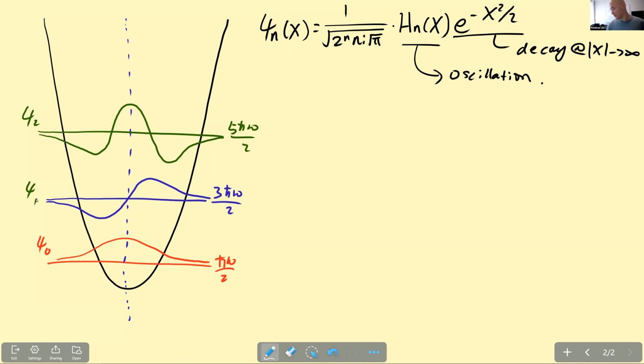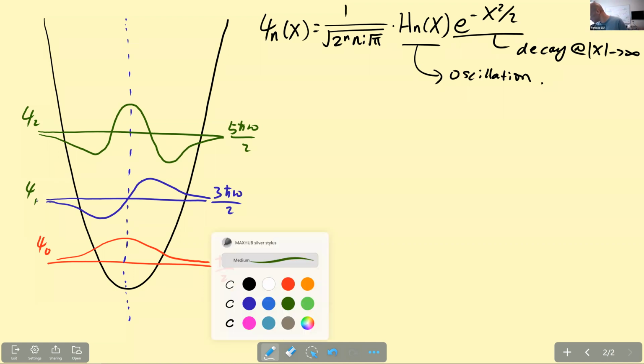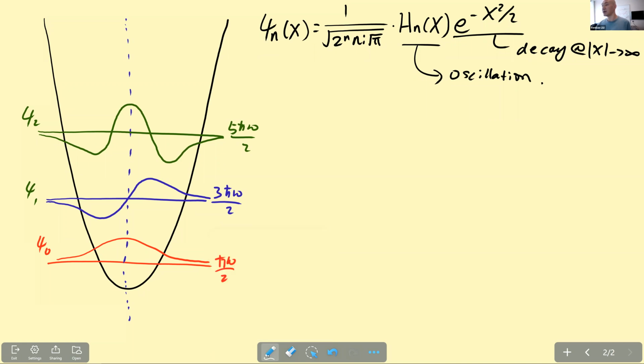You can have an even higher state, 7 h bar omega over 2, and again you can have anti-symmetrical states, with 3 nodes. Of course, you can go to higher and higher.